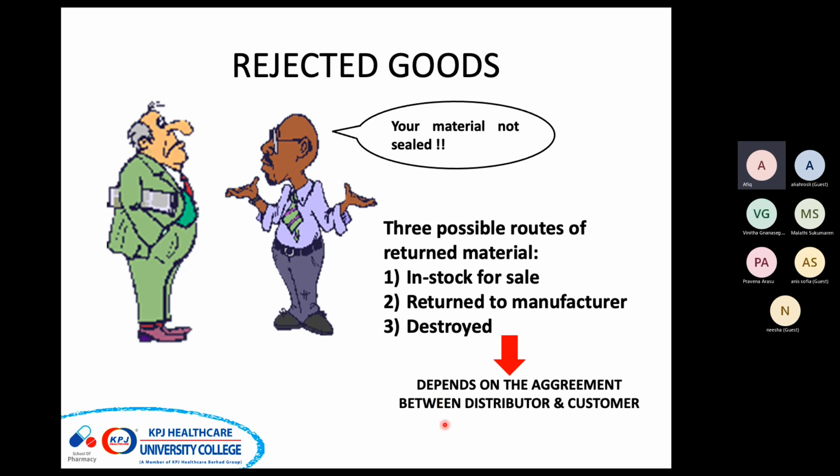In the agreement, it has to be spelled out what will happen if you reject some of the incoming materials that you ordered. Maybe the supplier says you can return it to us, or maybe they will just straight away destroy it and send a new one. All of this will be in the agreement.